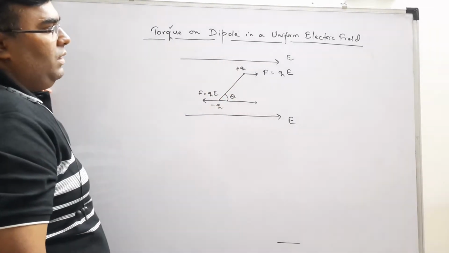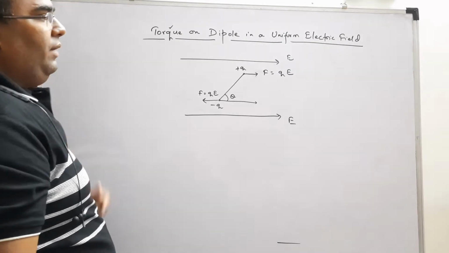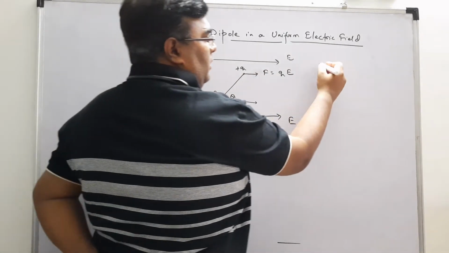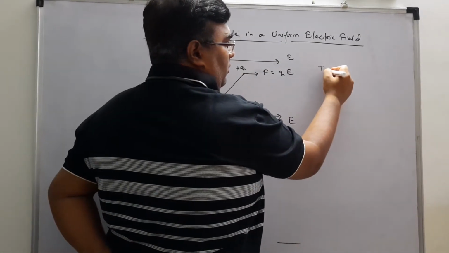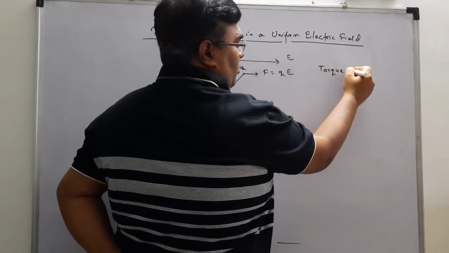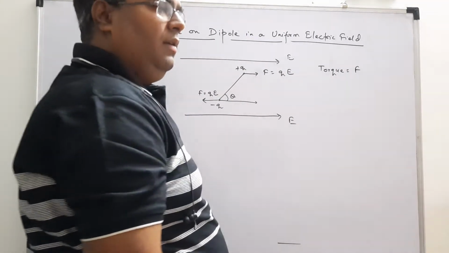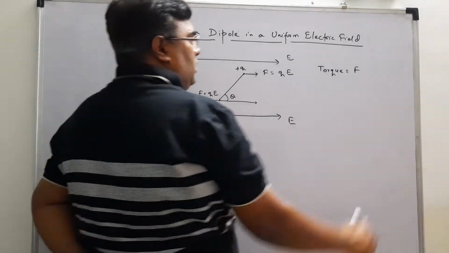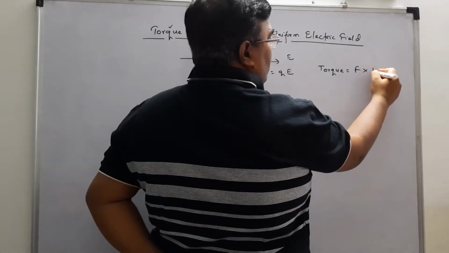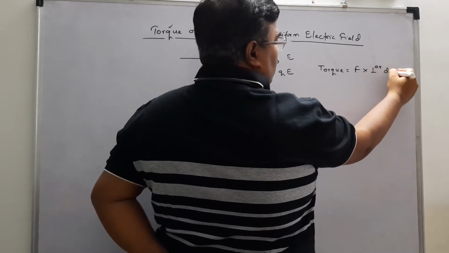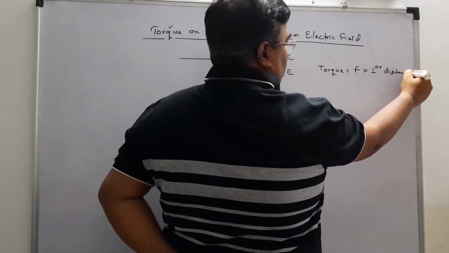Okay, so we need to find the torque. The definition of torque is: any one force, if two forces are there, we take only one force, and the perpendicular distance between these forces.